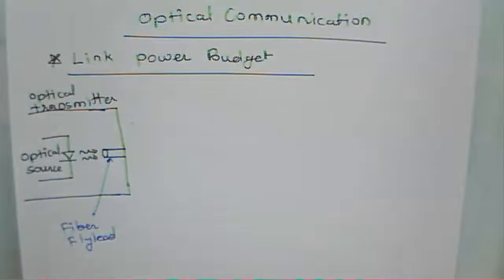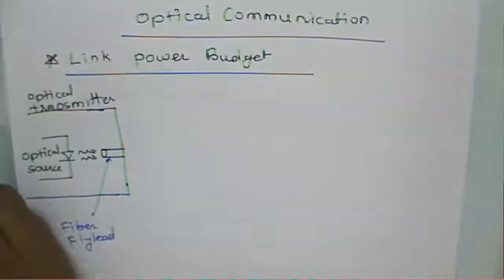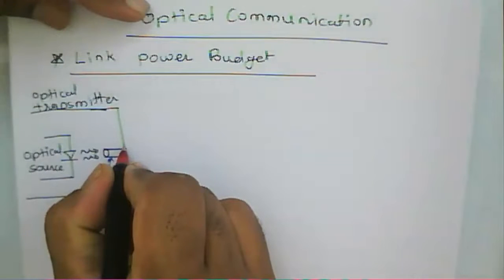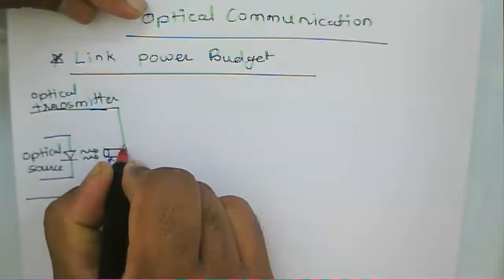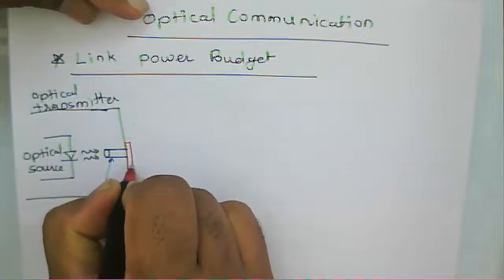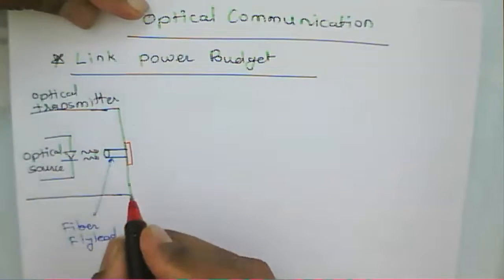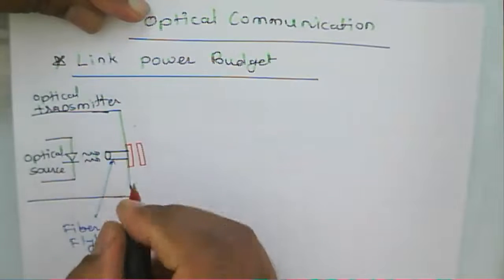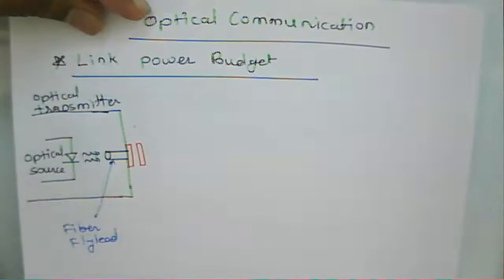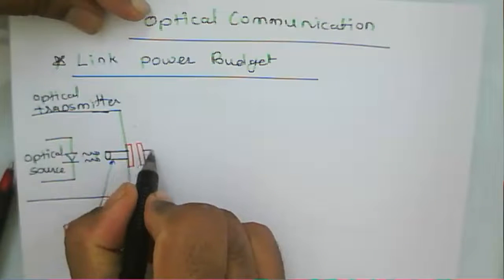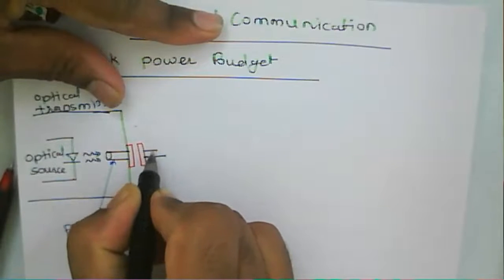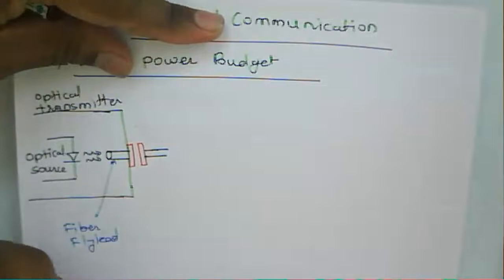Then at this transmitter we have a connector. This is nothing but a connector here, and then your fiber will move towards the receiver.